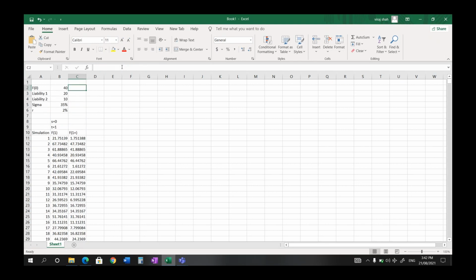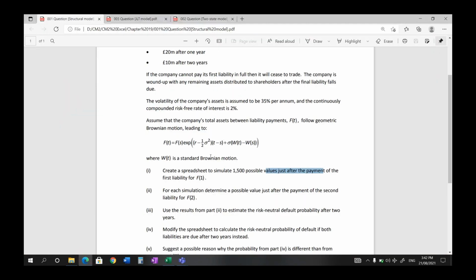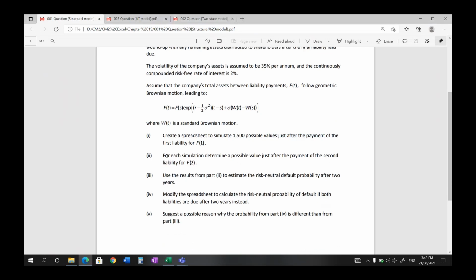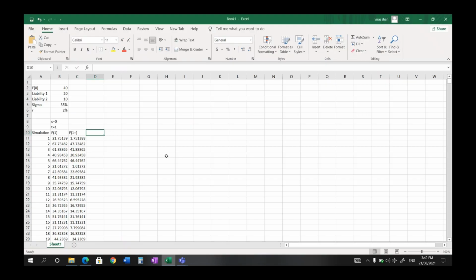Cool. Understood till here? Now, for each simulation, determine a possible value just after the payment of the second liability. So we have to calculate F2 just after the second payment. Now what fund value will you have? You will have nothing but this fund value.